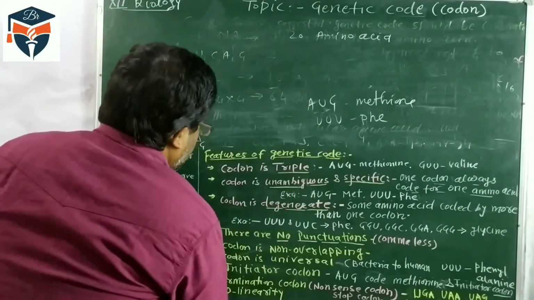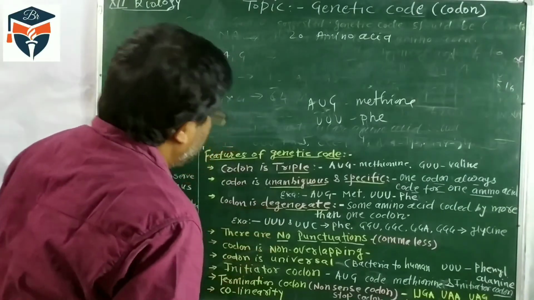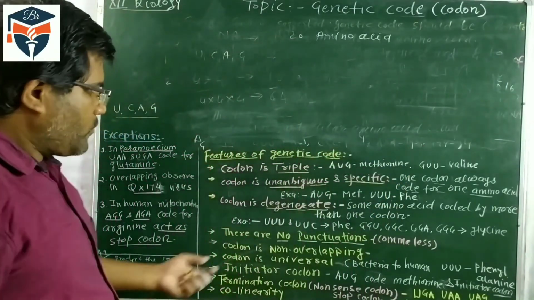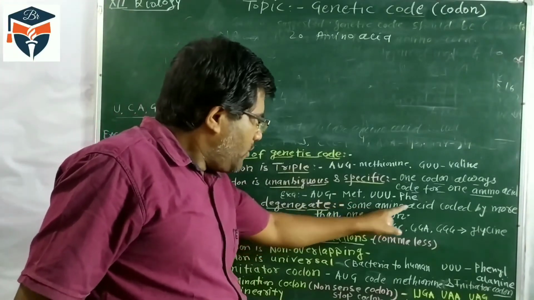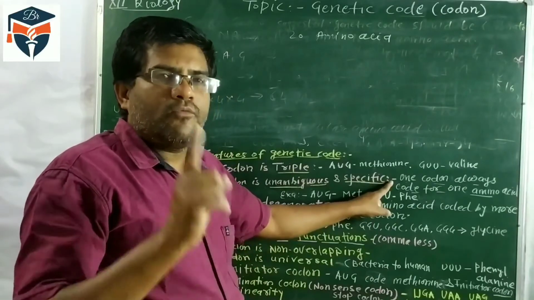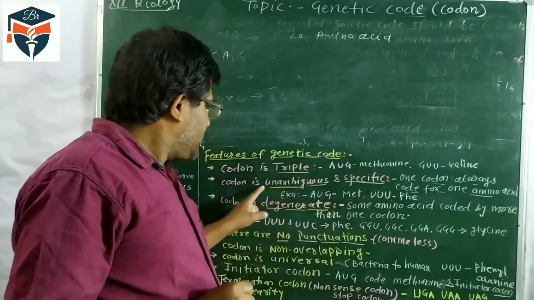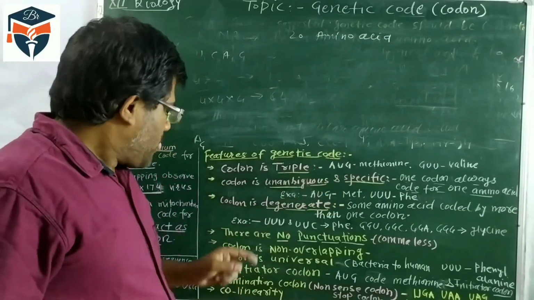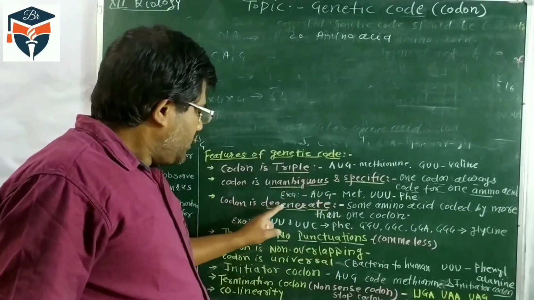The next characteristic is that the codon is degenerate. In such cases, what we are learning is that some amino acids are coded by more than one codon. In the first case I told you, one codon codes for one amino acid, and that is the codon being unambiguous or specific. Second, I am saying the codon is degenerate.